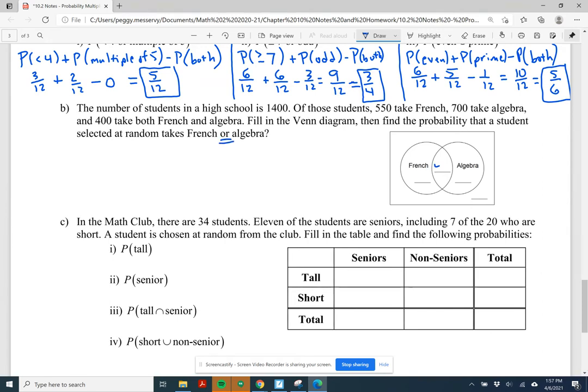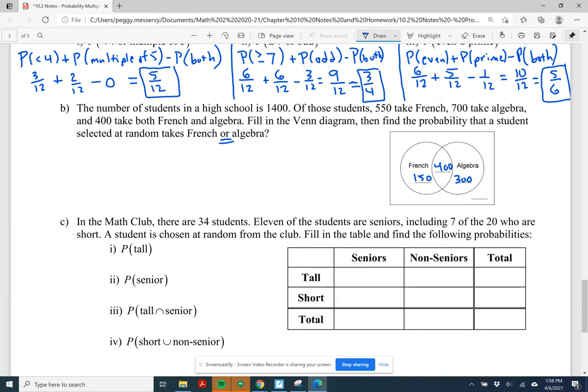Or, notice the word or. Okay, this is 400 right here. 400 students take both. Okay, 550 take French, but I've already accounted for 400 of those 550, so that must be 150 right there. 700 take algebra. I've already got 400 of them that are doing both algebra and French, so that must be 300 right there.